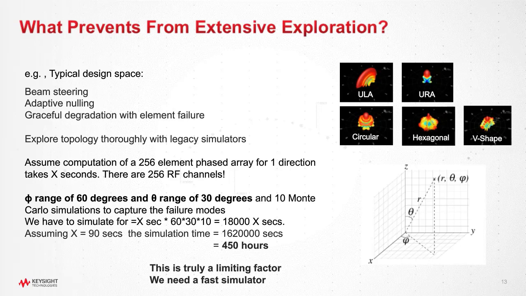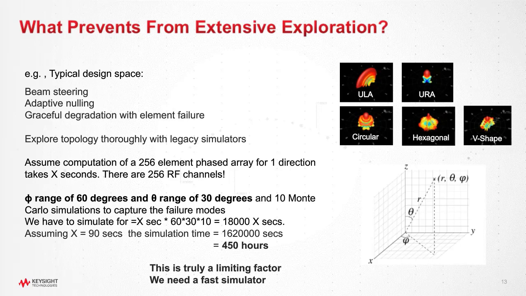Now, if we want to explore in an azimuth range of 0 to 60 degrees and elevation range of 0 to 30 degrees with a resolution of 1 degree, and if for each direction we fail 10% of the antenna elements, and we do 10 Monte Carlo simulations every time, then we are looking at a simulation time of about 18,000 X seconds.